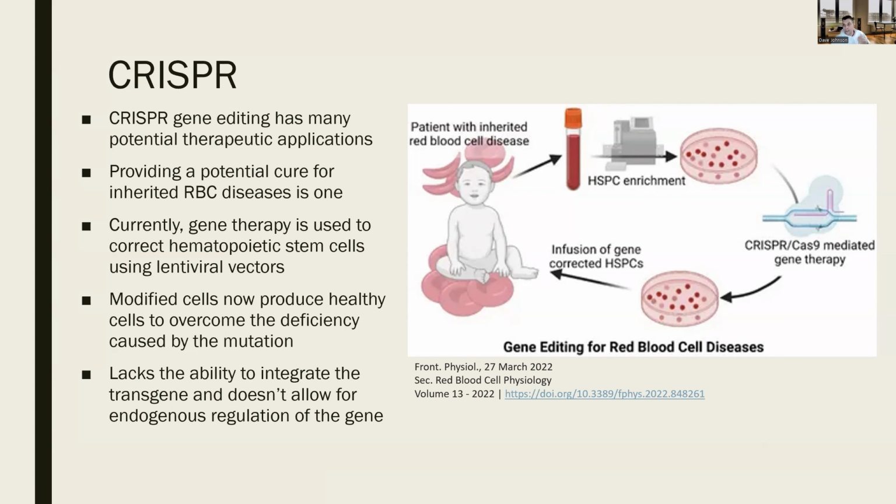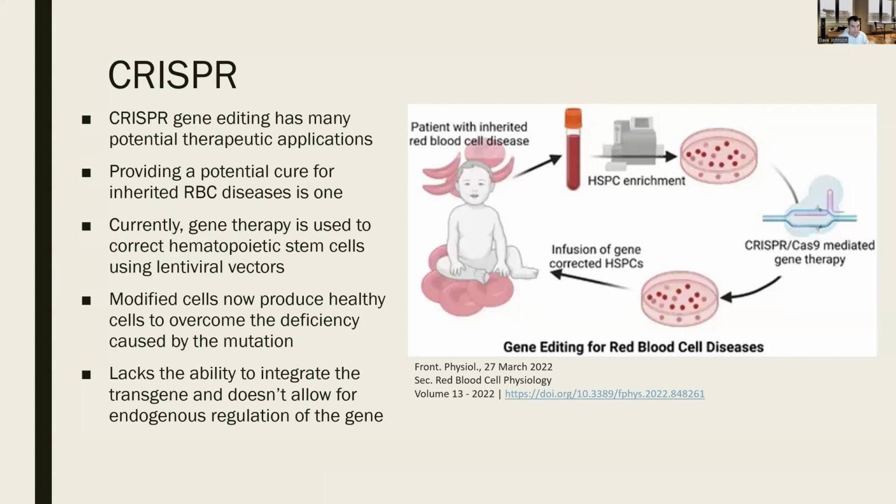These modified cells are then reintroduced into the host, where they can overcome the deficiency caused by that particular mutation. So we basically create healthy red blood cells, or at least red blood cell progenitor cells, and put them back into the person. Then for a period of time, these healthy versions can create healthy red blood cells that sort of outweigh the mutated population of red blood cells.